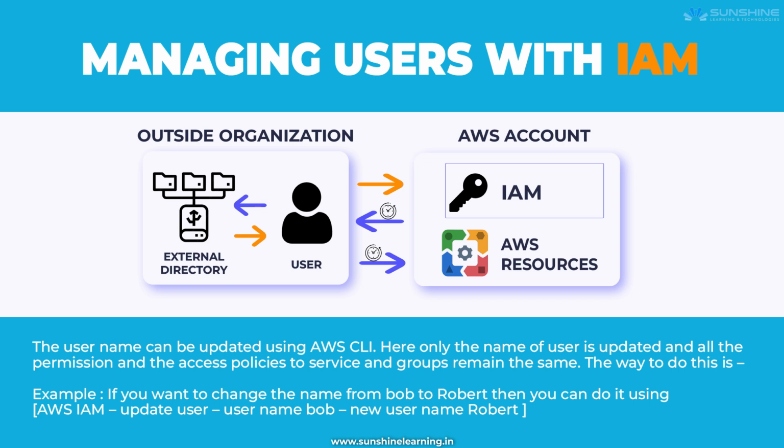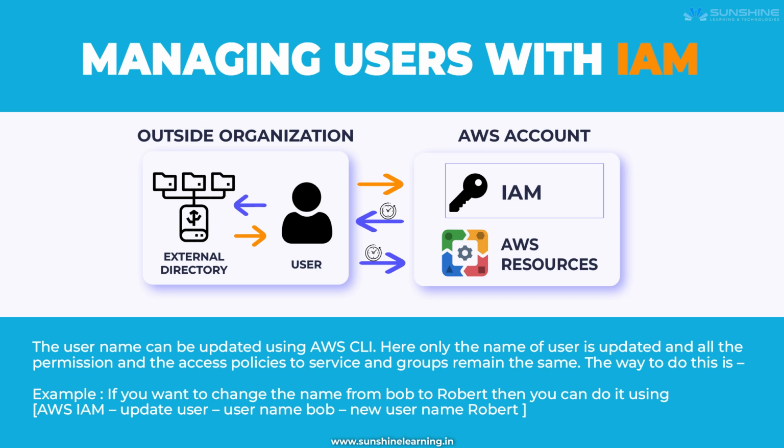Apart from that, the users can also be updated from the AWS command line interface. It is not necessary that you have to create the user from the AWS Management Console only. You can log in to the AWS CLI and create the user from the CLI as well.